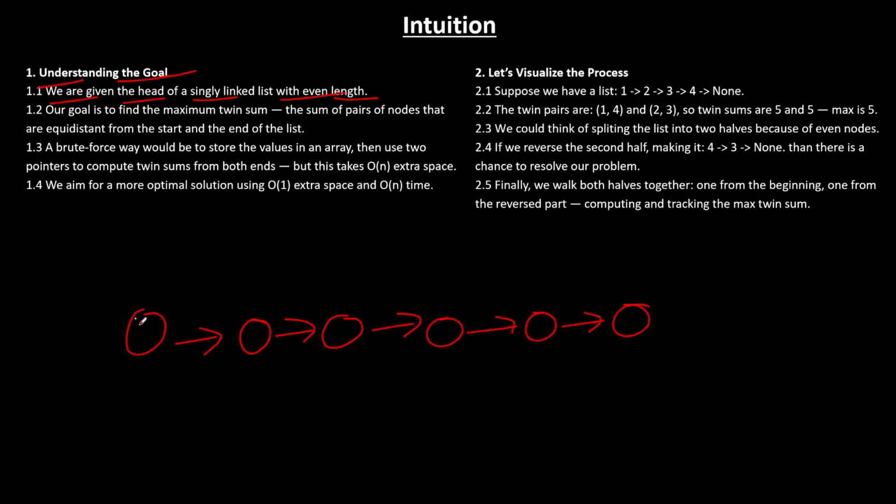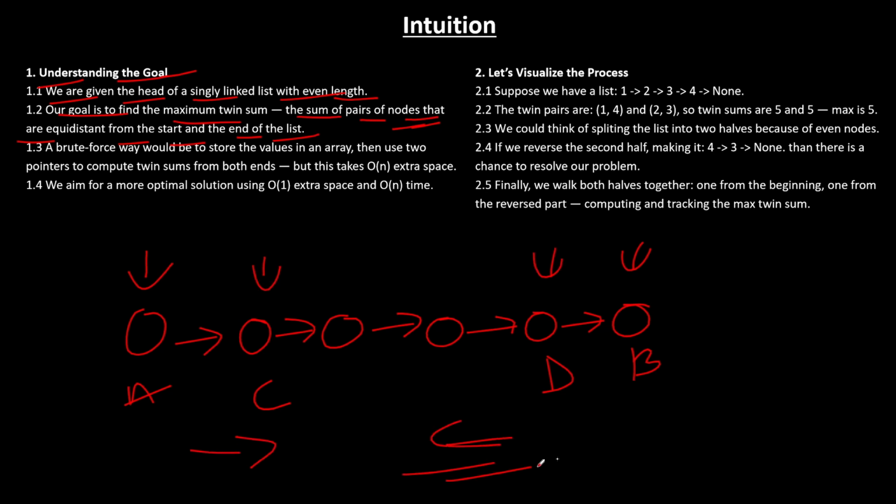Our goal is to find the maximum twin sum, the sum of a pair of nodes that are equidistant from the start and the end of the list. Basically, this and this are equidistant from each other, and C and D are also equidistant from each other. So basically, we have to iterate from the back and the front both.